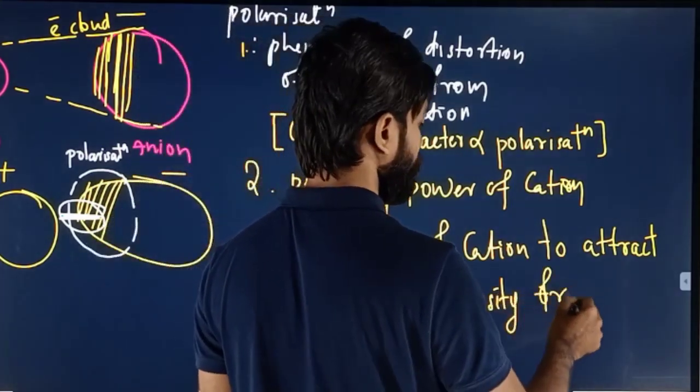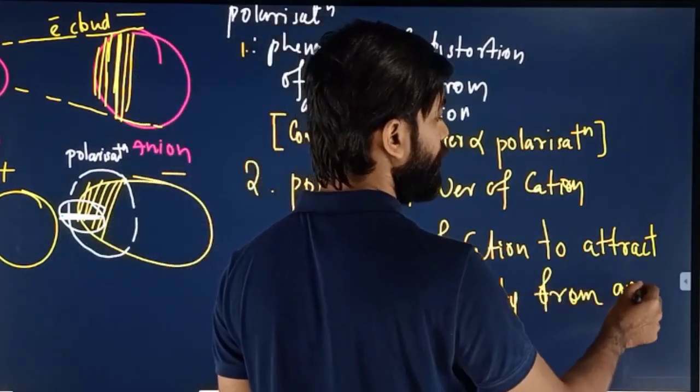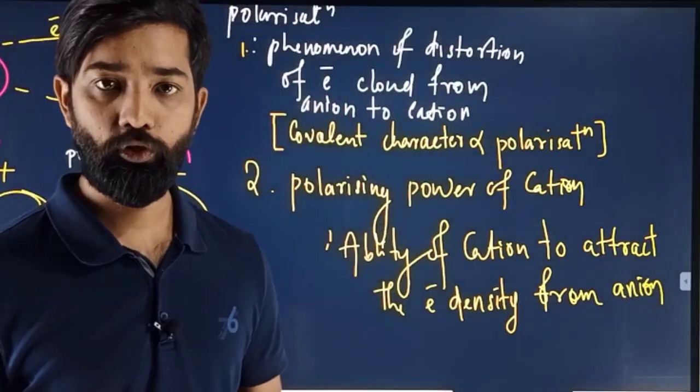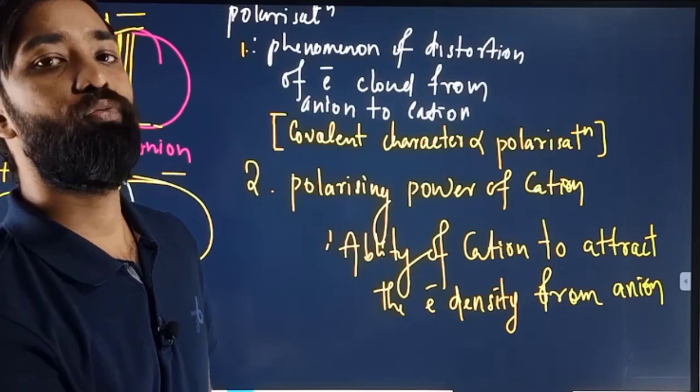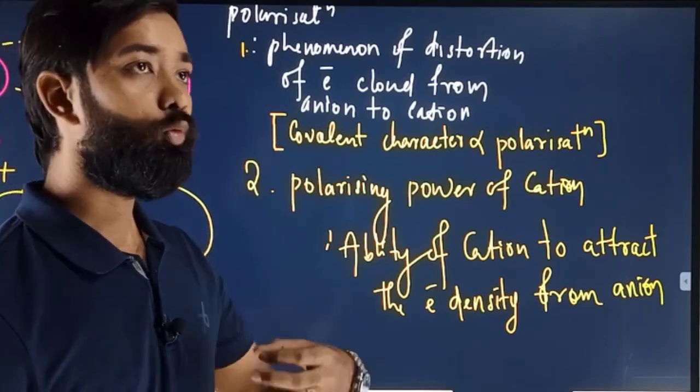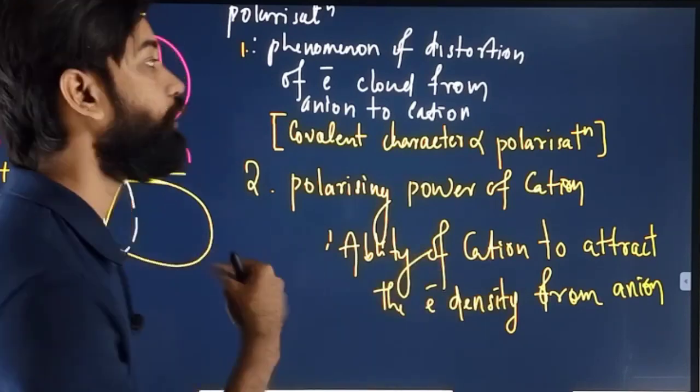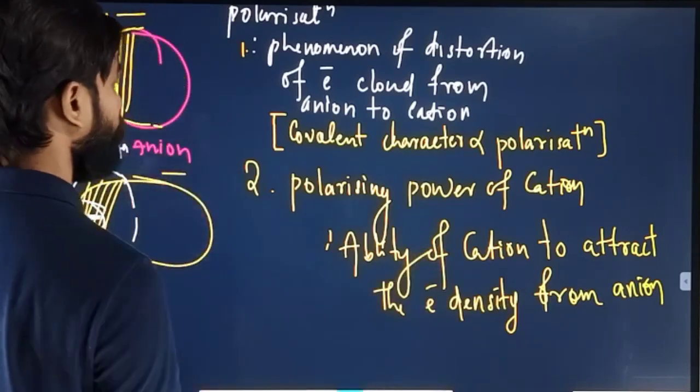Polarization is the process of shifting of electron cloud from anion to cation, and the cation's role is to attract that electron cloud.